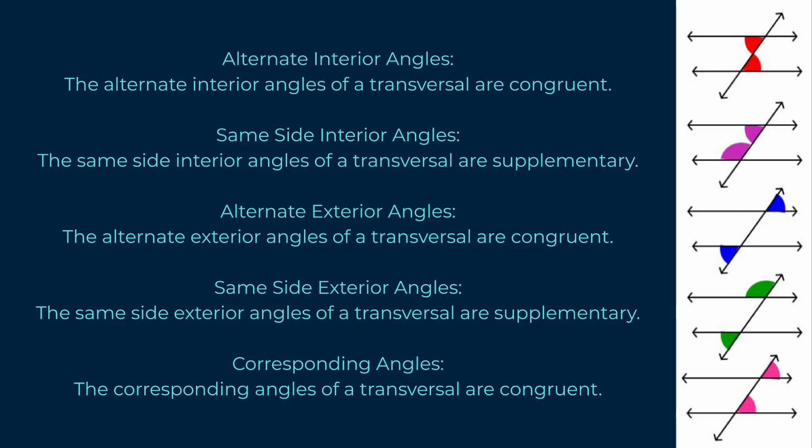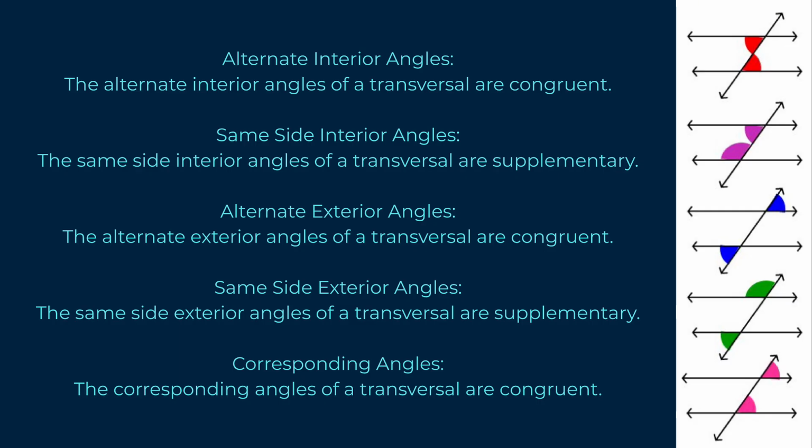But this is the thing for all of these 5. These can all be proven and therefore are all theorems, meaning that just using the fact that a linear pair is supplementary, vertical angles are congruent, and corresponding angles are congruent, we can prove the rest of these 4 theorems, except the one at the bottom, because that's the corresponding angles that we talked about earlier.